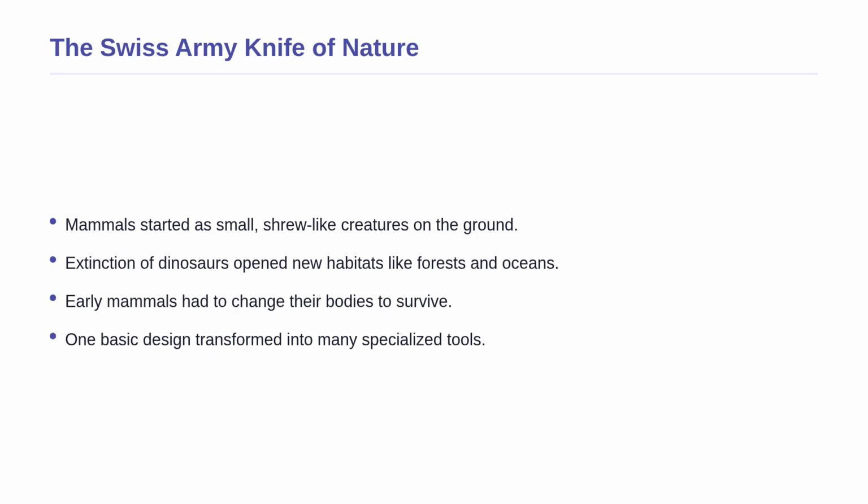To survive and thrive in these new homes, they had to change their bodies, especially their arms and legs. This incredible process, where one basic design transforms into many specialized tools to fit different environments, is what we call adaptive radiation. It is like nature's very own Swiss Army knife.